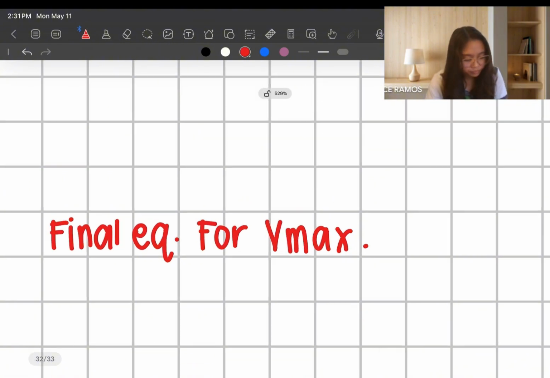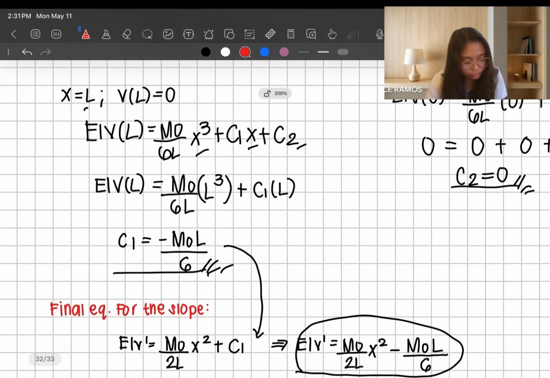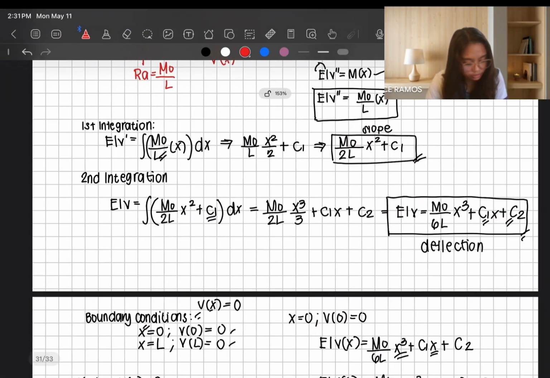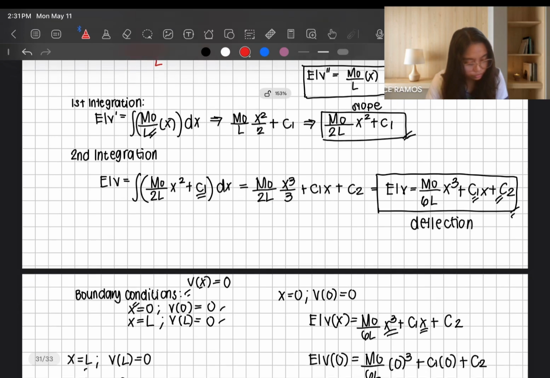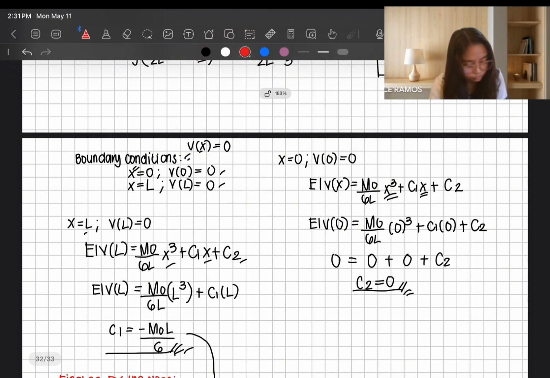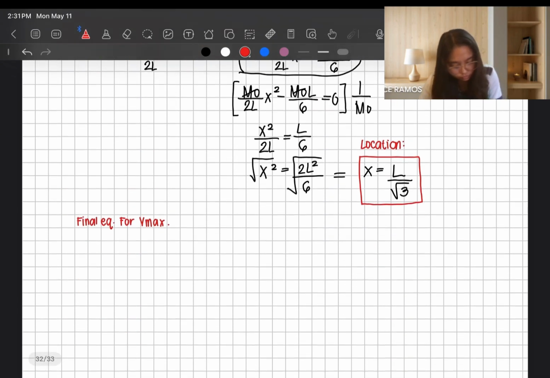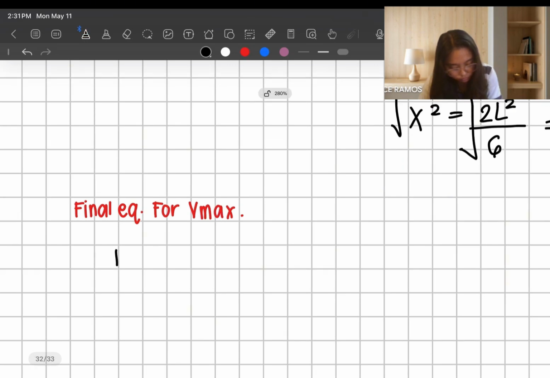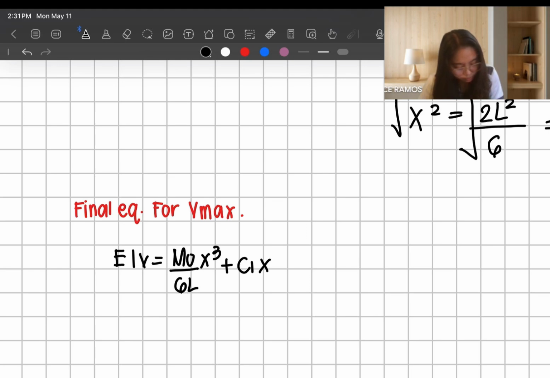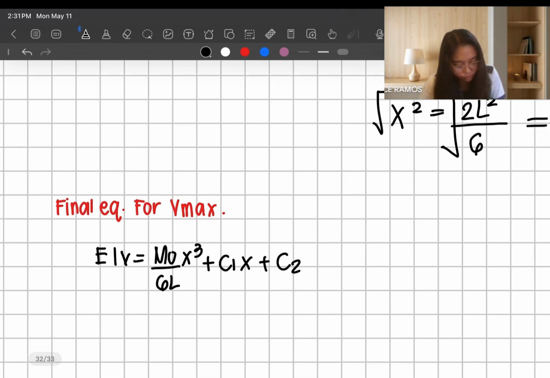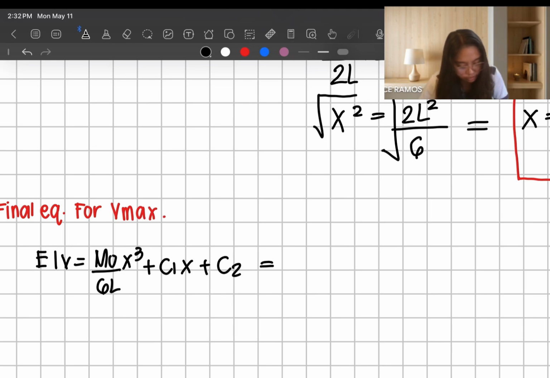So, copy lang ulit natin yung ating equation from the second integration. So, plus c sub 1x plus c sub 2. So, ano nga po ulit value ng ating c sub 1 kanina?